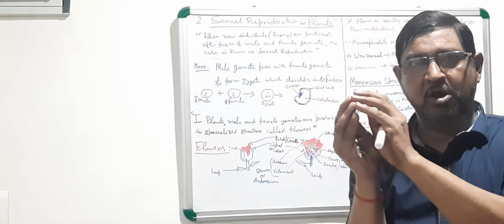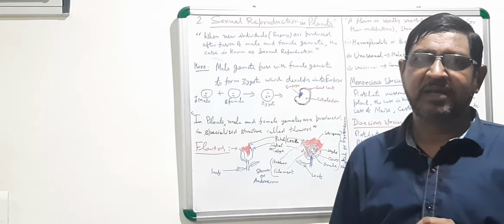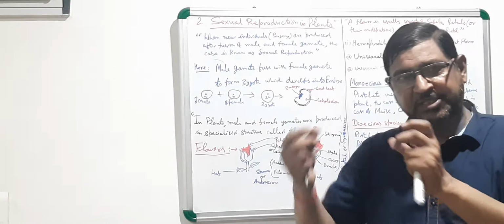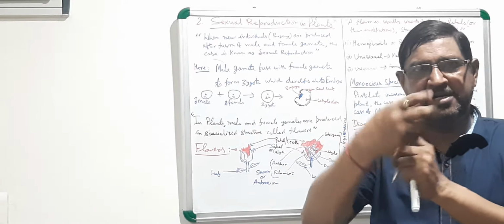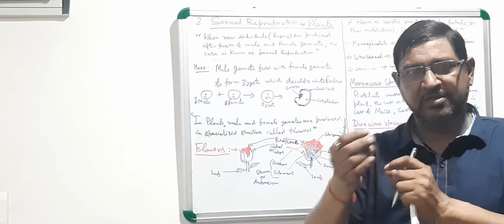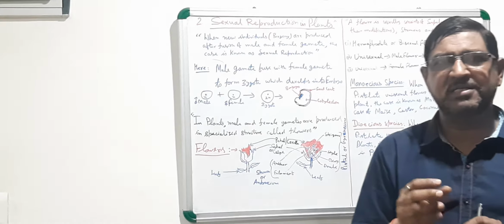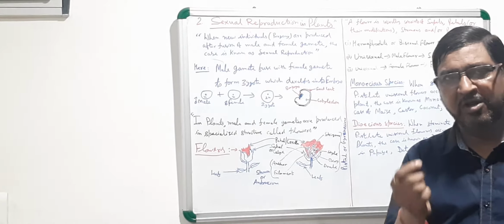The cob has the pistillate flower inside, and in the pistillate flower you know there is style and stigma. In the cob you see hundreds and hundreds of silk-like threads coming outside. That is the style, and at the tip of the style you have the stigma.